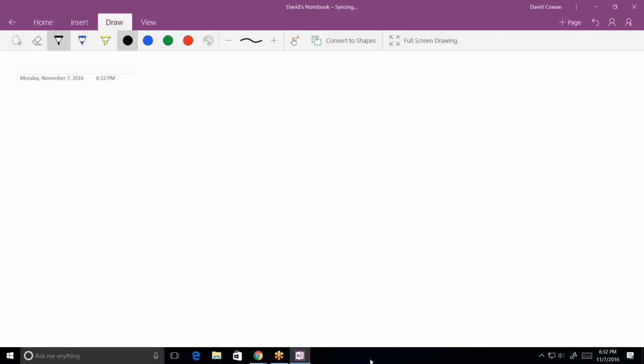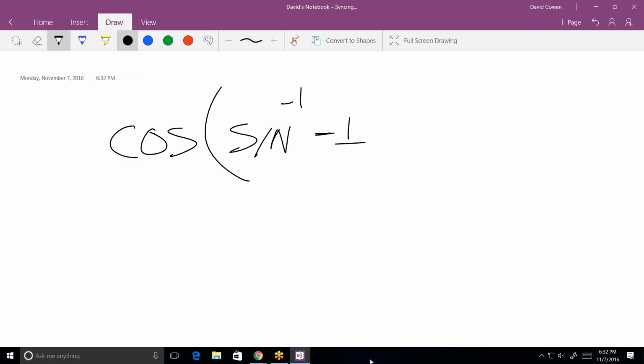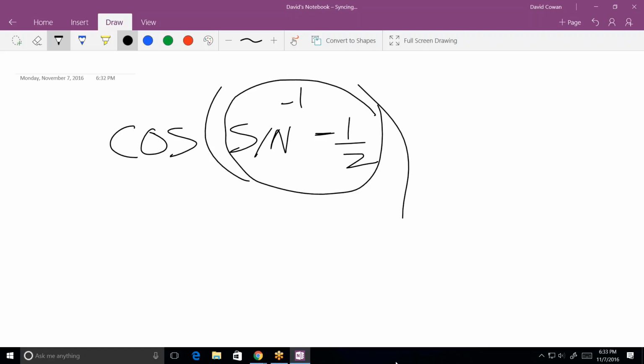That can actually lead to some interesting problems like this one. Well, this gives you the fourth quadrant angle, which is negative. It becomes cosine of minus 30 degrees.